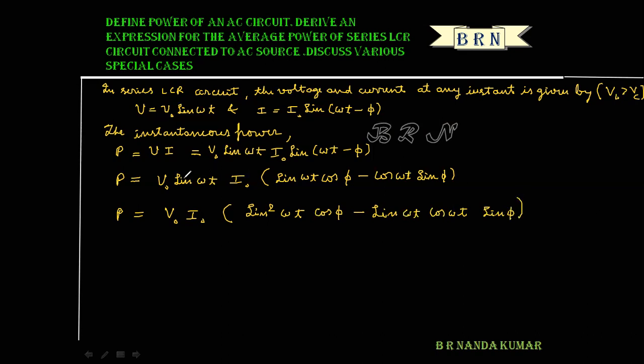So here sine omega t into sine omega t is sine square omega t into cos phi, and then sine omega t cos omega t into sine phi.